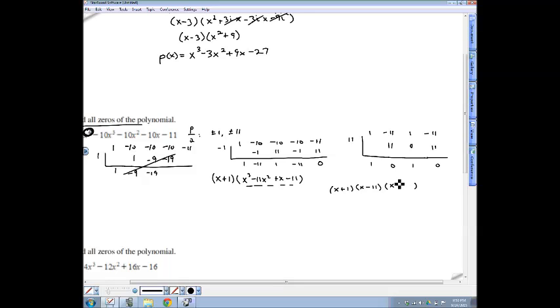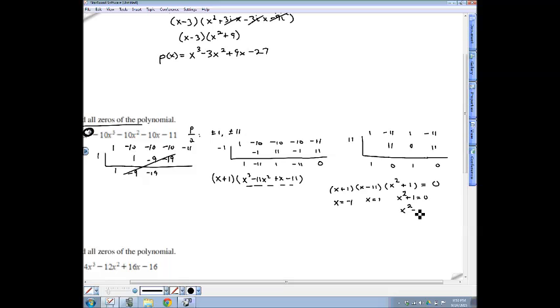And then these are the coefficients of the reduced polynomial x squared plus 1. Now remember, ultimately we're finding zeros because we're finding values that make this polynomial equal 0. So if this times this times this is equal to 0, that means x would have to equal negative 1, x would have to equal 11. That also means that x squared plus 1 has to equal 0.